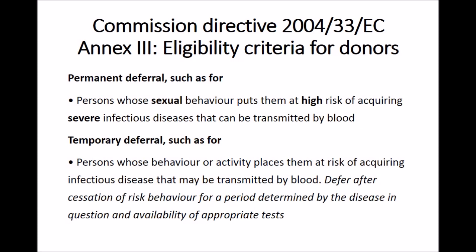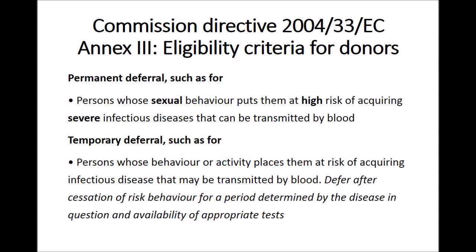What we've had for permanent deferral, the wording is persons whose sexual behavior puts them at high risk of acquiring severe infectious diseases that can be transmitted by blood, and you can feel the hedging of bets, bursting out of that statement.